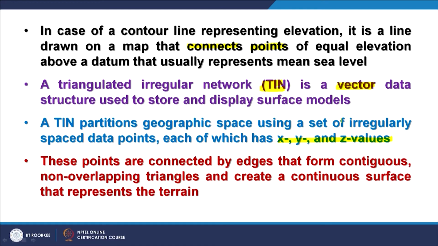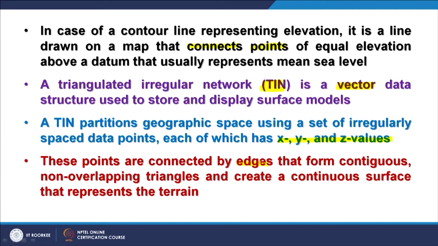Now these points, say the same point data, can be used for generating a digital elevation model, a typical raster surface, or the same points can also be used to generate a TIN. So when we see the demonstration, at that time we will see these two ways of generating digital elevation models using the same points.